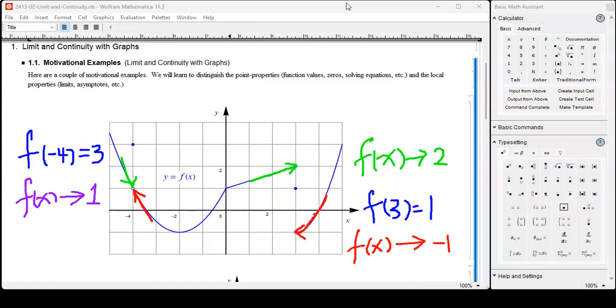So the limit behavior, which tracks down the graph and moves around or uses the arrow, and the function value, which is basically a dot, those behaviors are not always the same. You see, function value here, function value there. And that's when x equals -4 here, and that's when x is going to +3 there. And for any other x coordinate, no problem there.